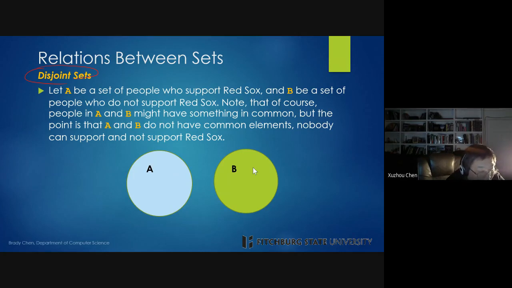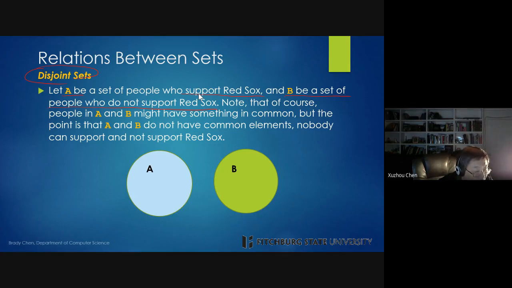Let's take a look at this example. A is a set of people who support the Red Sox, okay? And B is a set of people who do not support the Red Sox. Now these are two groups of people. They don't overlap, right?